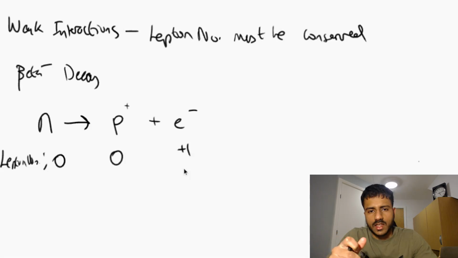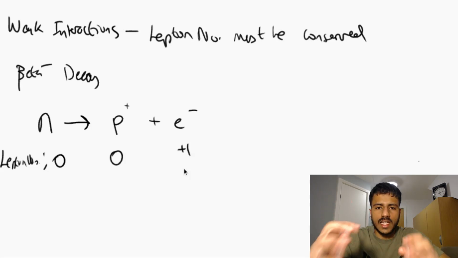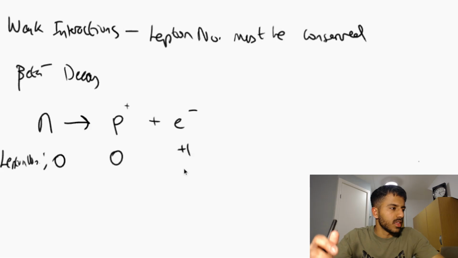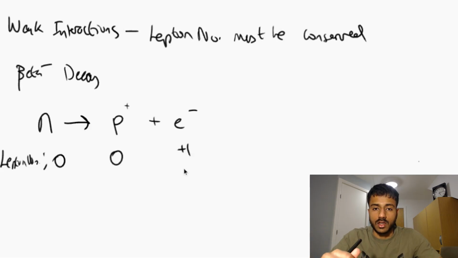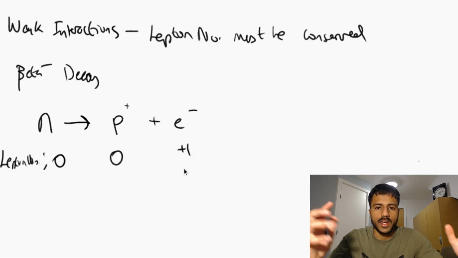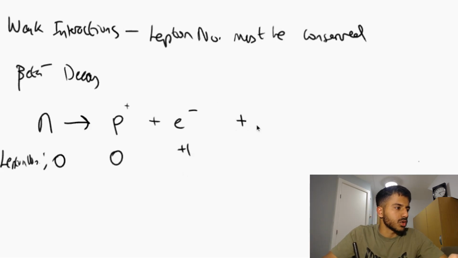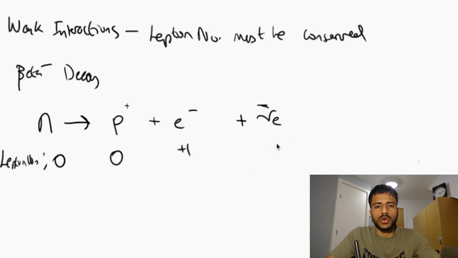So we can clearly see that the lepton number isn't conserved. So this led to scientists theorizing that there must actually be another particle emitted. And it's true. We have found out there is something called a neutrino that is emitted. In this case, something called an anti-electron neutrino is emitted in order to conserve the lepton number.